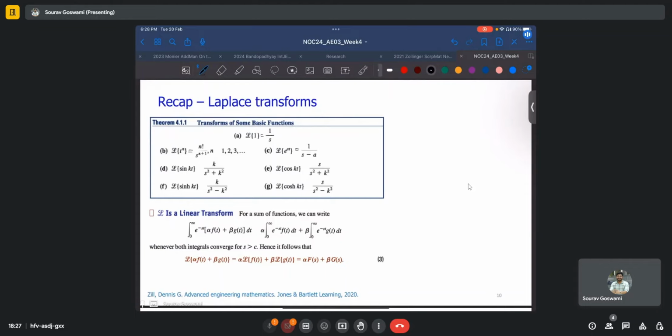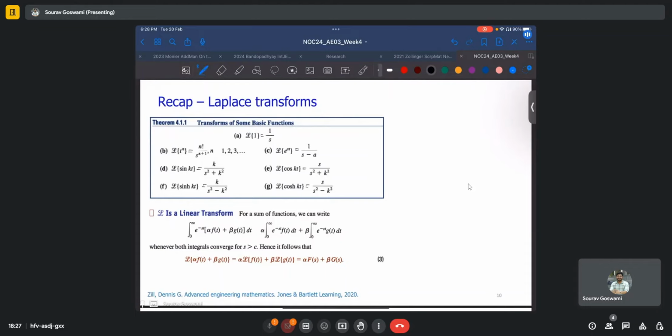For e power at, the Laplace transform is 1 by s minus a. For sine and cosine, it is k by s square plus k square and s by s square plus k square. And similarly for sine hyperbolic and cos hyperbolic. This might prove handy, and we might need to refer to the standard formulae while solving equations.